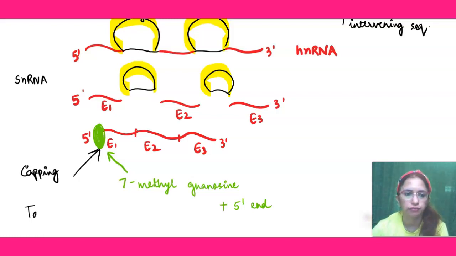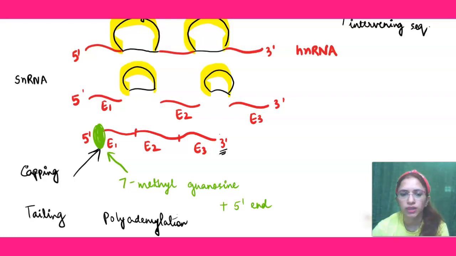We are left with tailing, which is the last step of processing of hnRNA. Tailing means a tail will be added. So this is the end, the 3' end. At this end, now certain bases will be added. Okay, so at the time of tailing, polyadenylation is done.